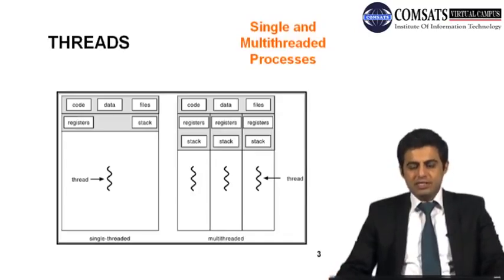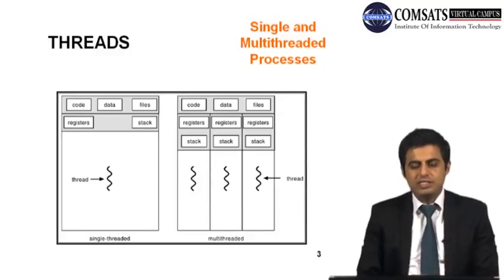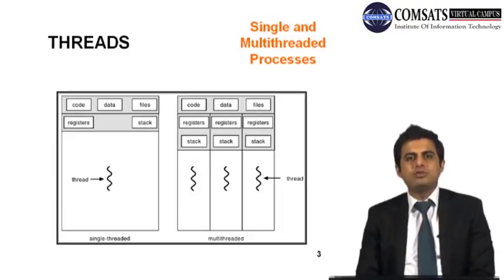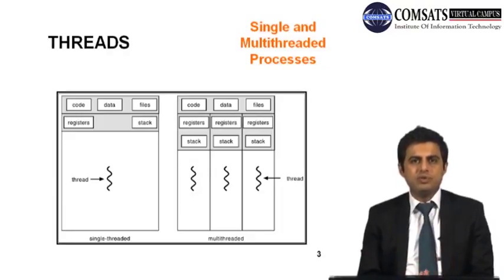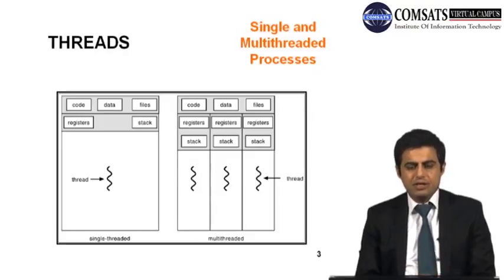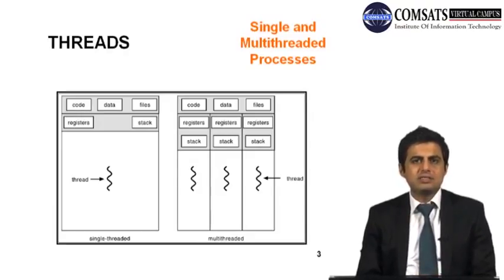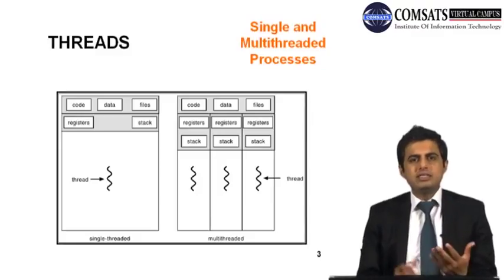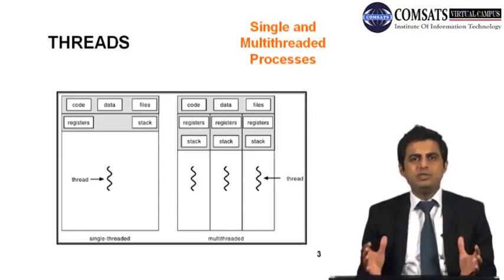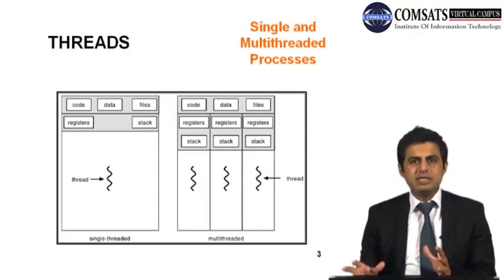So in the multi-threaded system, you introduce multiple threads when you want to have multiple units of work and you want them to execute in parallel. For example, in a multitasking system, you must have seen that at the same time you are working on different files, and you can work on them simultaneously.